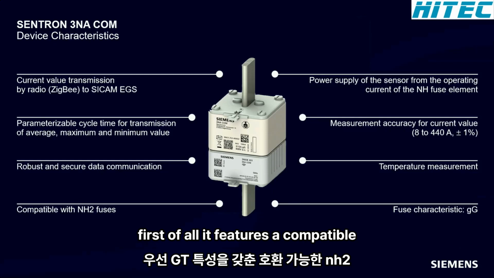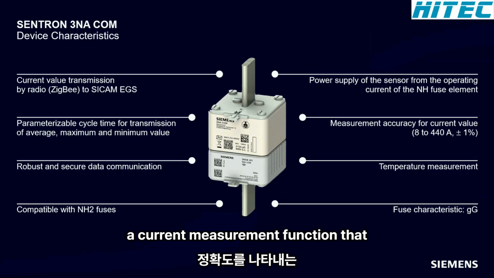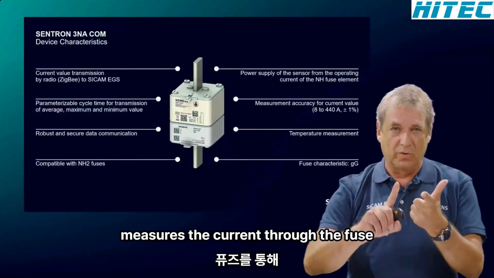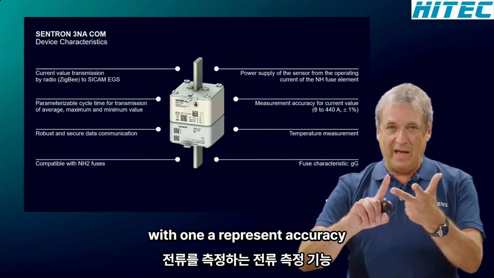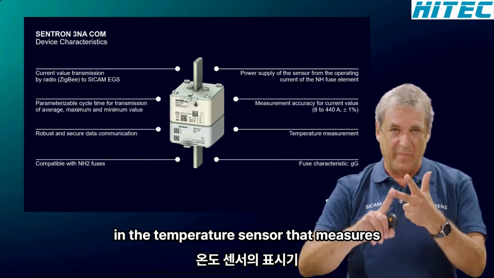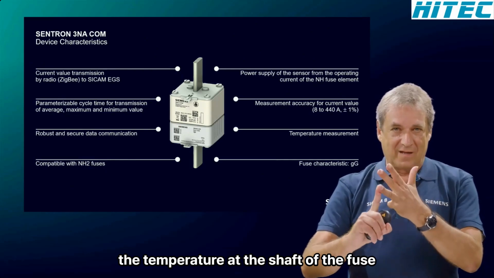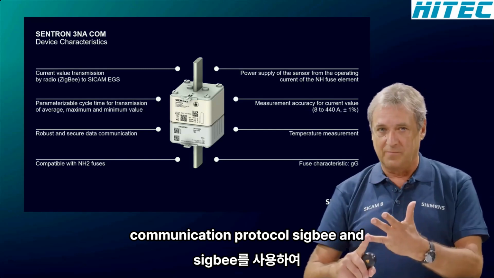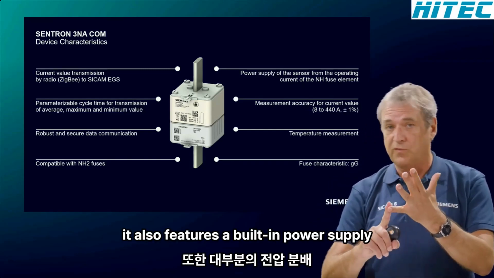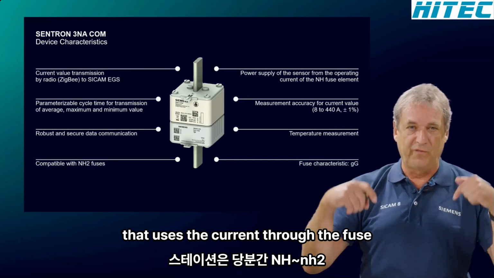First of all, it features a compatible NH2 fuse with GG characteristic, a current measurement function that measures the current through the fuse with 1% accuracy, an integrated temperature sensor that measures the temperature at the shaft of the fuse, a secured radio transmission using the communication protocol Zigbee. And finally, it also features a built-in power supply that uses the current through the fuse.